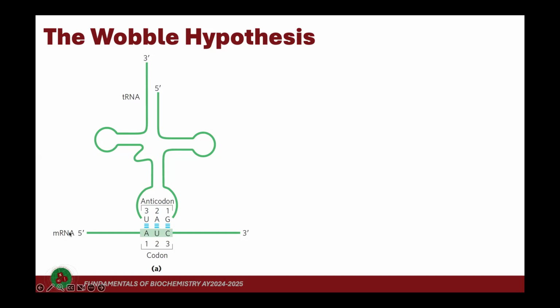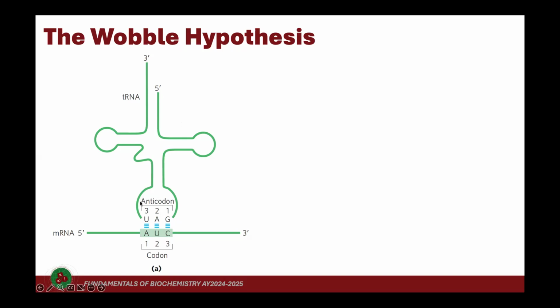For example, here I have the mRNA 5' to 3', that's from left to right. For the tRNA molecule, the 5' is on the right side, so they're anti-parallel. Okay? There's a segment here in your tRNA molecule which is called the anticodon.